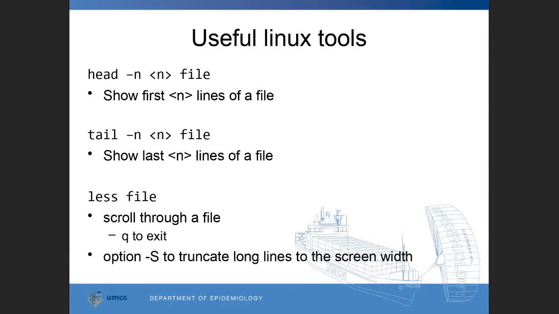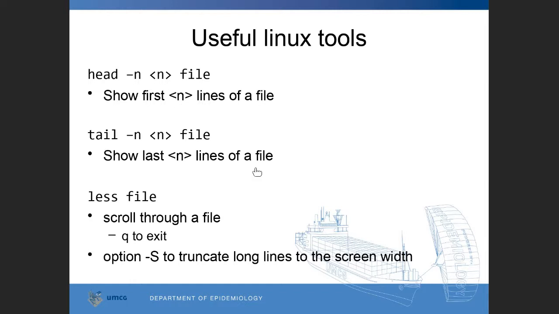So then I want to have here a list of Linux tools that I find very useful to use in the cluster. Well, some of them have already been passed in the previous slide. So the head command with this -n sign will show you the first n lines of a file.